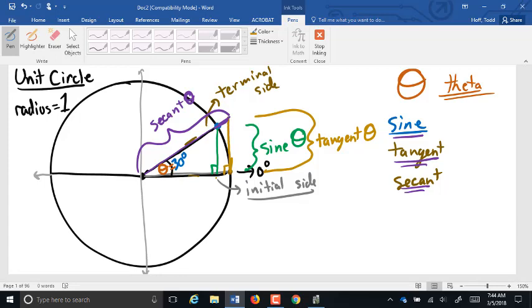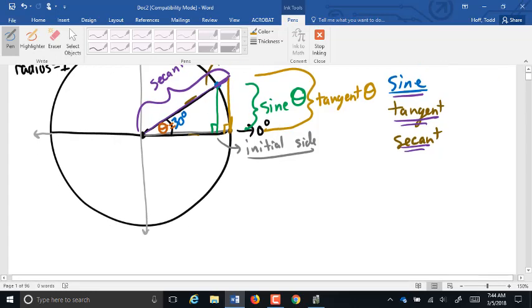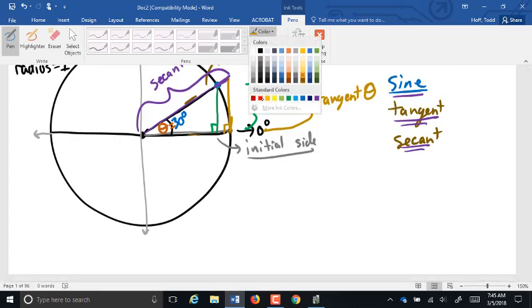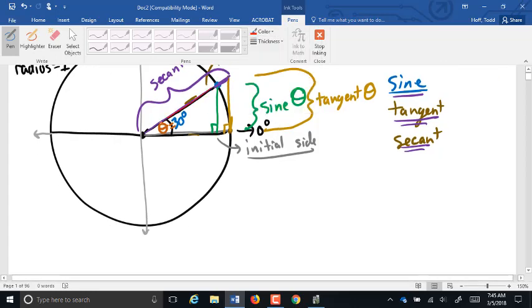This forms two very, very important triangles for us. First off, this little triangle in here. That little triangle, this is our angle. We know this side over here is the sine of that angle. We're going to abbreviate it just SIN.